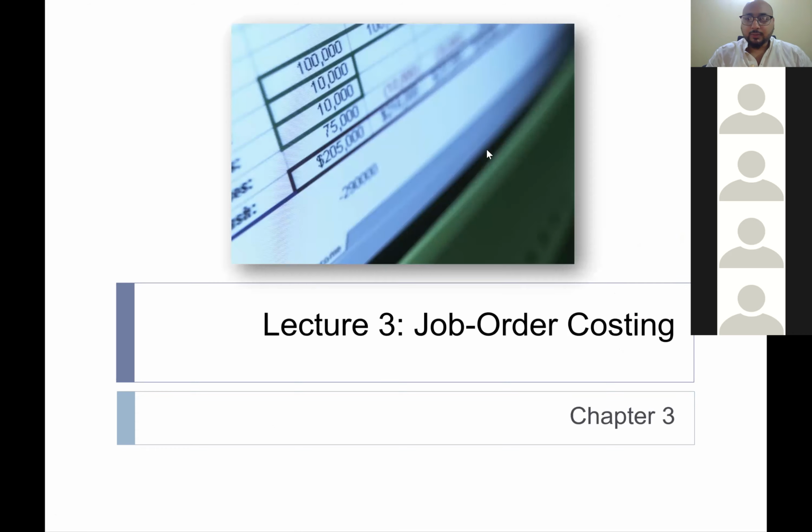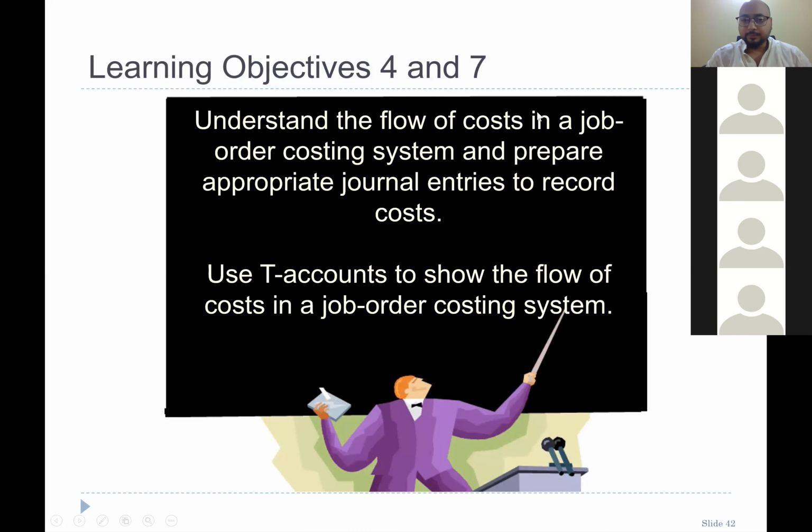Okay, let's revise from our previous lecture. We left off revising our T account entries and journal entries regarding cost flow in the job order cost system.